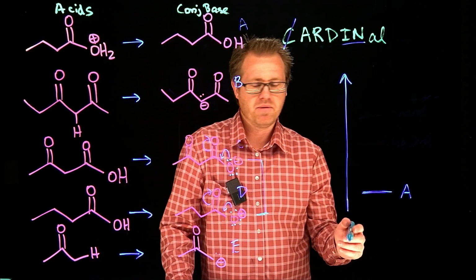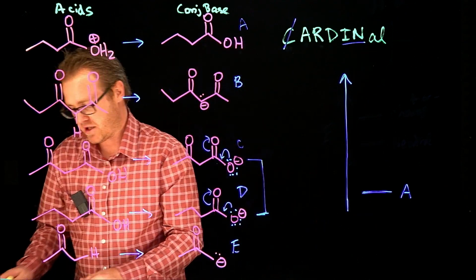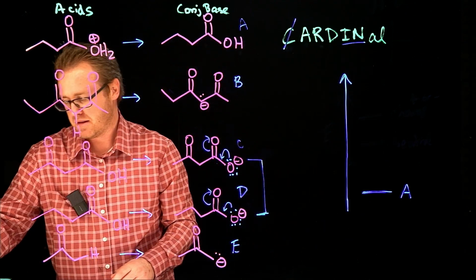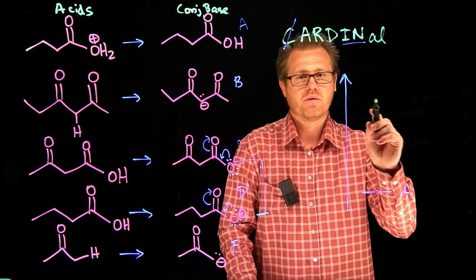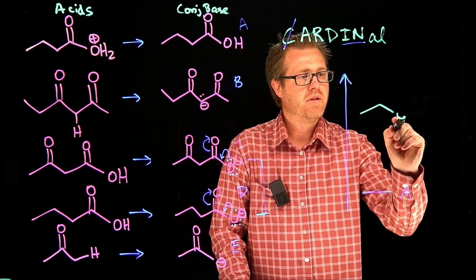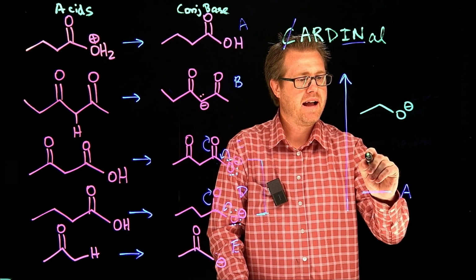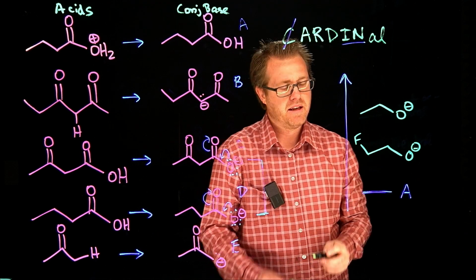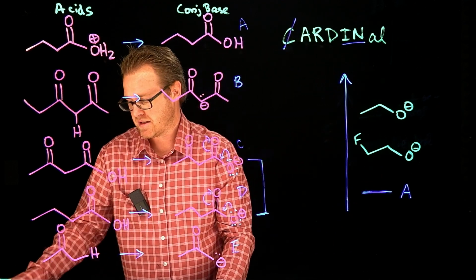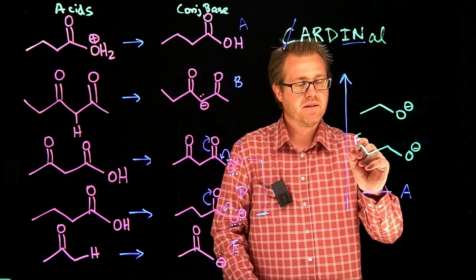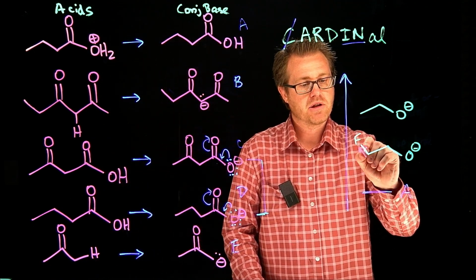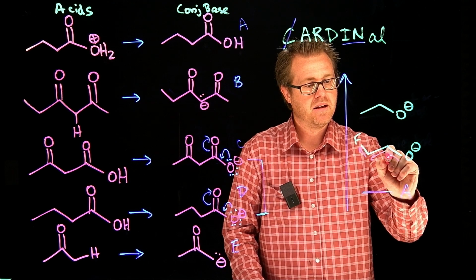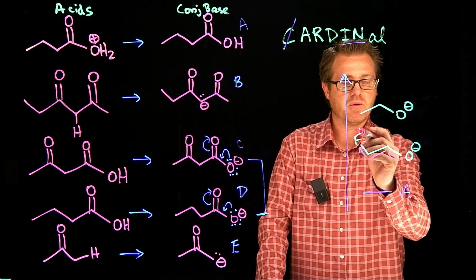Let's look at a simple example just to make sure we understand that. Draw it right here for the moment. If we have a negatively charged species like that versus like this, induction is telling us that because this is a very electronegative atom, it's going to pull electron density towards itself through the sigma bonds.